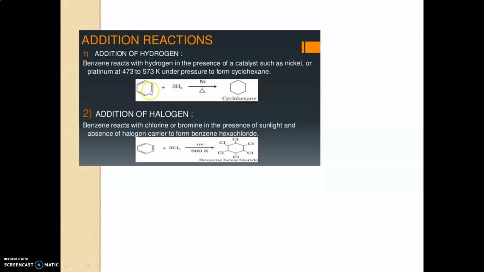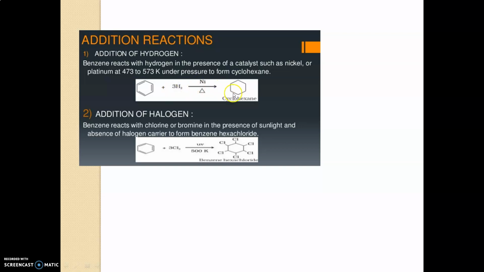So we know there are 3 double bonds in this benzene, so if we add 3 hydrogens, the double bonds will change into single bonds. So benzene will change into cyclohexane, in the presence of a catalyst, maybe nickel or platinum or palladium, any catalyst we can use.